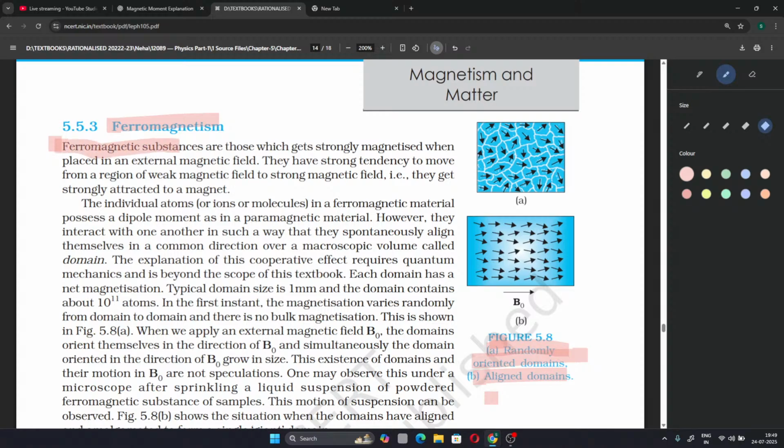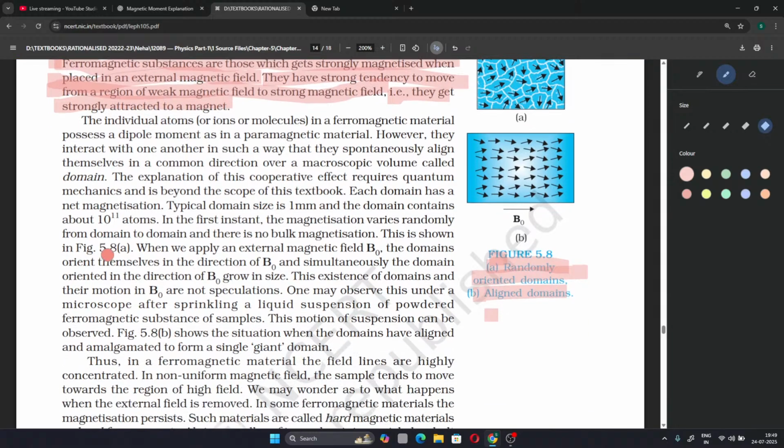Ferromagnetic substances are those which get strongly magnetized when placed in an external magnetic field. They have a strong tendency to move from a region of weak magnetic field to strong magnetic field, that is, they get strongly attracted to a magnet. The individual atoms or ions or molecules in a ferromagnetic material possess a dipole moment as in a paramagnetic material.